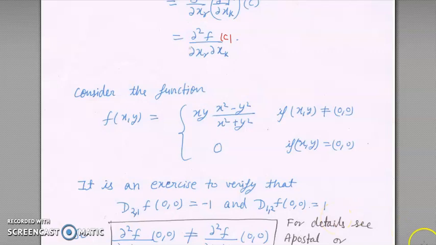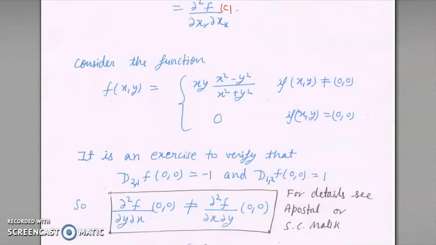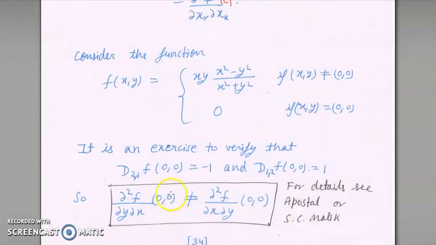So it means that D21 f at (0, 0) is not equal to D12 f(0, 0), and that is, the mixed partial derivatives are not equal. It simply means that del 2 f del y del x at (0, 0) is not equal to del 2 f del x del y at (0, 0).